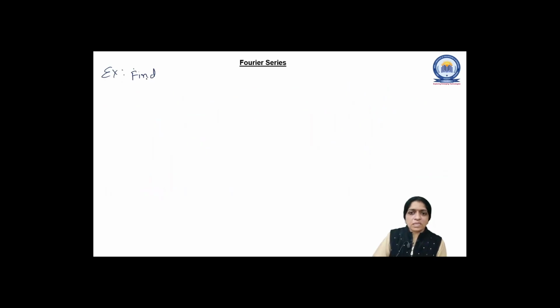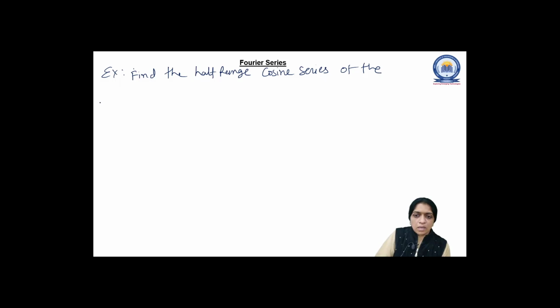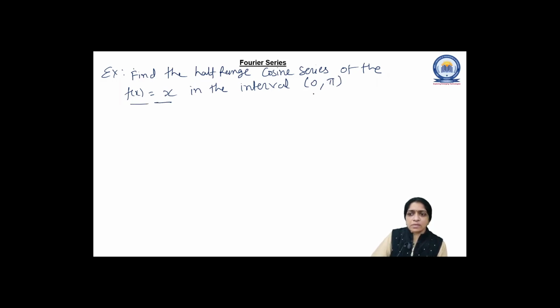Our first question is, find the half-range cosine series of the function f of x equal to x in the interval 0 to pi. As our given function is f of x is equal to x, our interval is 0 to pi, and we want to find the cosine series.